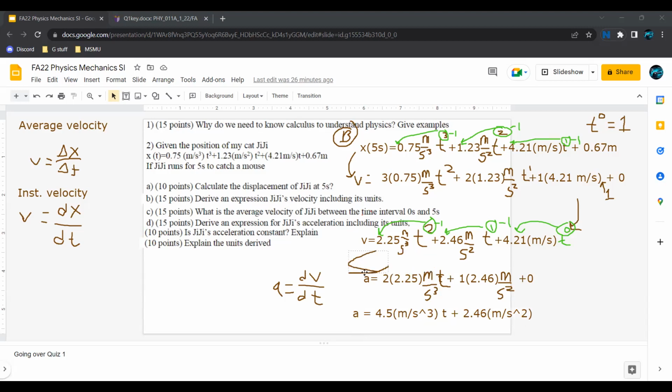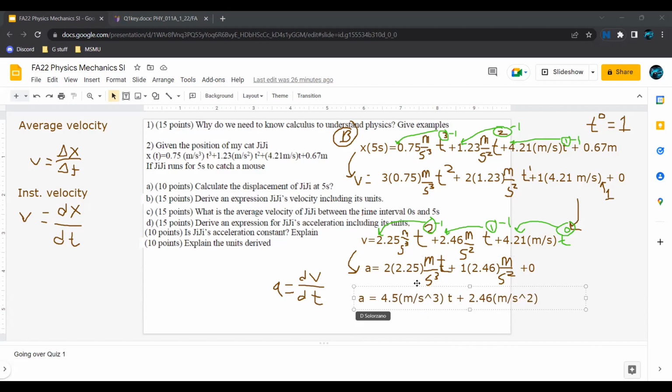Let me just move some stuff up. It is not constant because it is still a function of t.